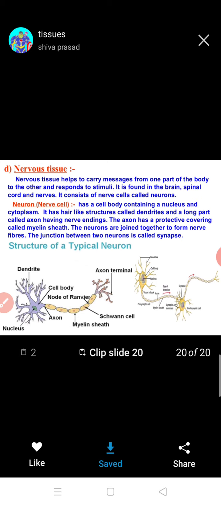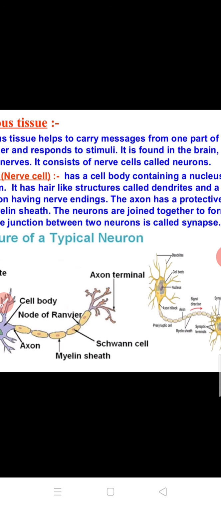The brain, spinal cord, and nerves are composed of the nervous tissues. The cells of this tissue are called nerve cells or neurons. A neuron consists of a cell body with a nucleus and cytoplasm. You can have a look at the figure of this neuron.